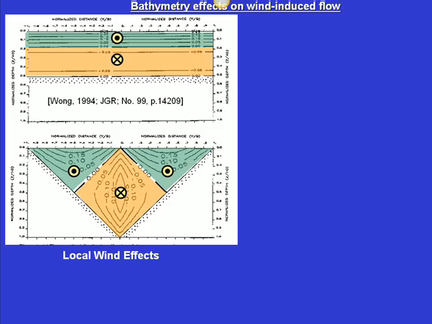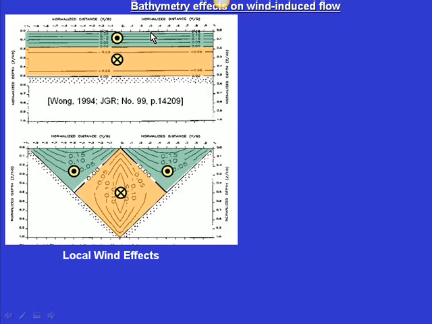In order to do that, we refer here to a paper from 1994. This is probably when we started paying attention to lateral variations. If the bathymetry across the channel is flat, like in this case, and the wind is blowing toward us, we're looking into the basin, toward the head of the basin.